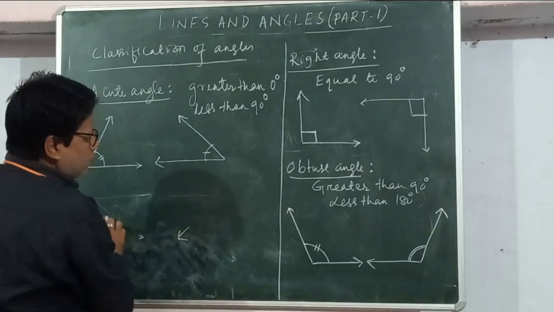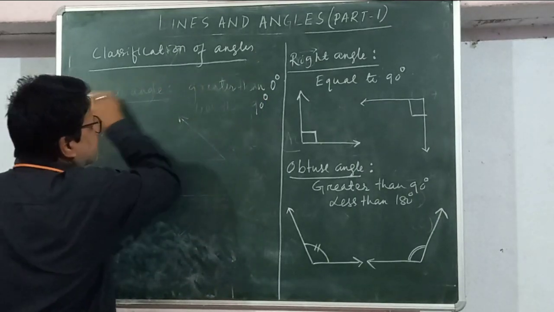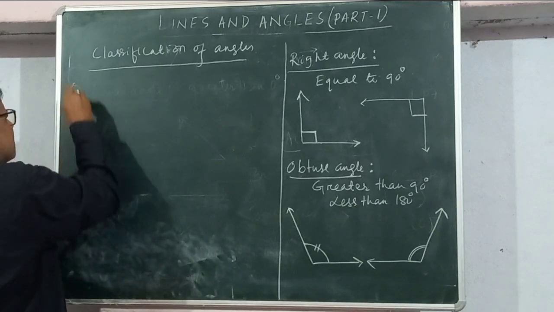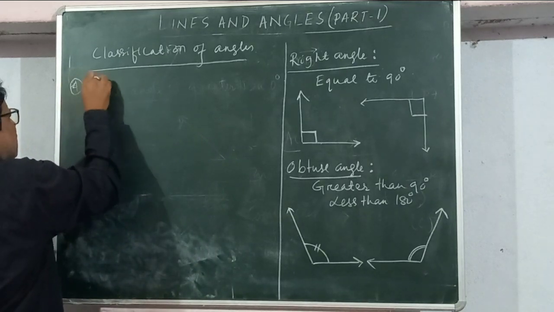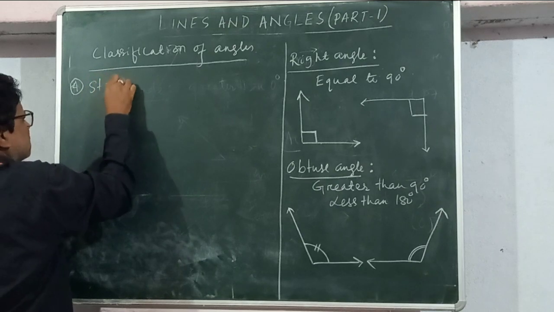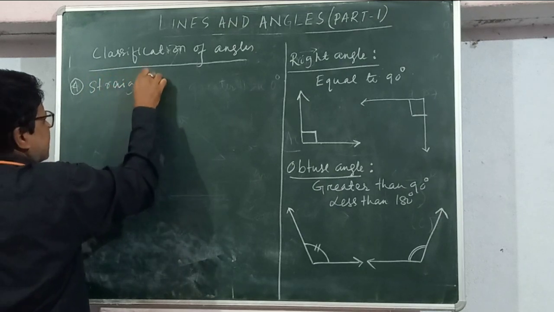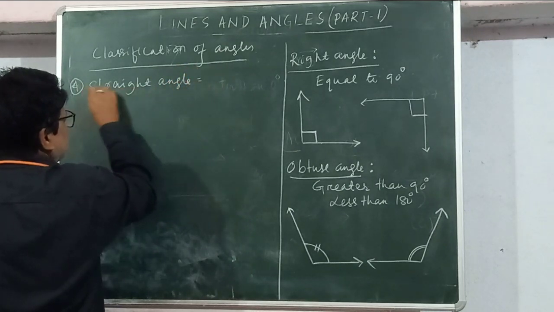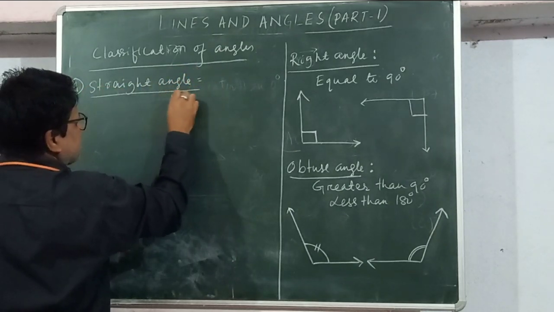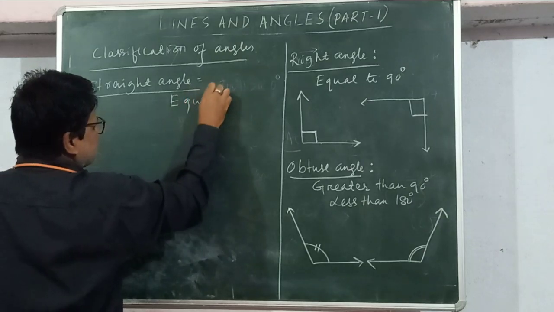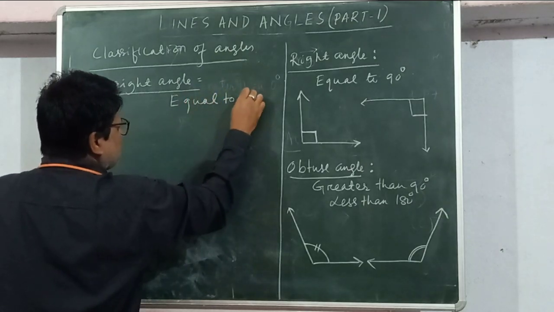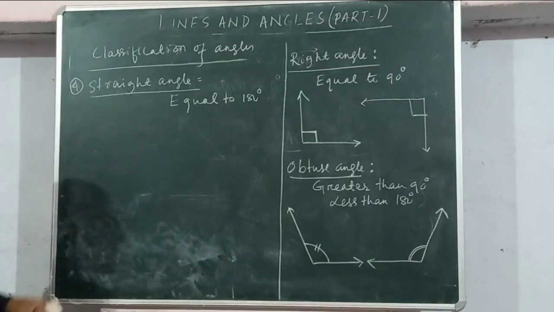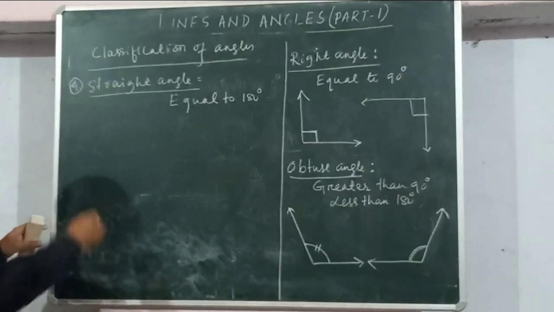Now comes the straight angle. The fourth type of angle is a straight angle. The angle whose measure is equal to 180 degree is known as a straight angle.